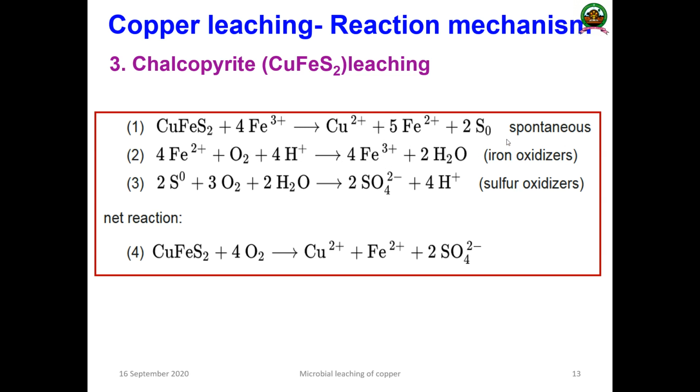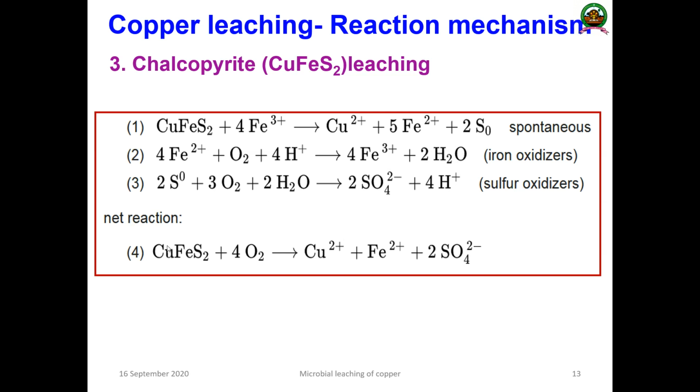There iron oxidizing bacteria play a very vital role. Then the sulfur combines with oxygen and water and forms sulfate and hydrogen, and this sulfate and hydrogen produce sulfuric acid. They will be leached out.